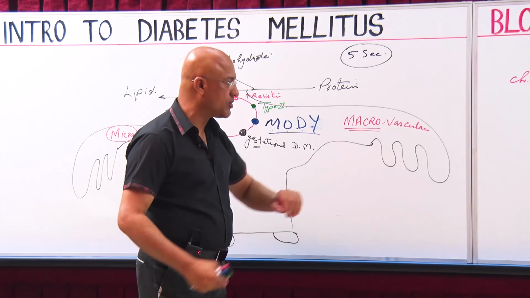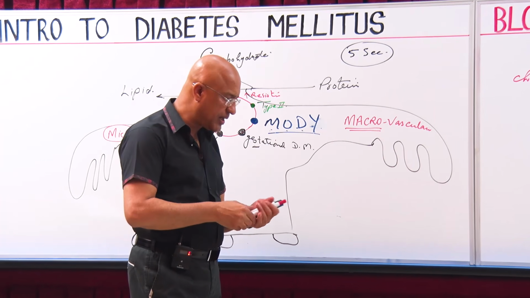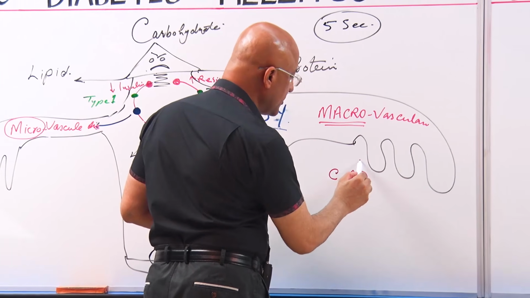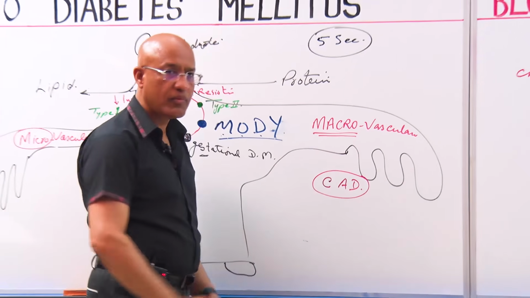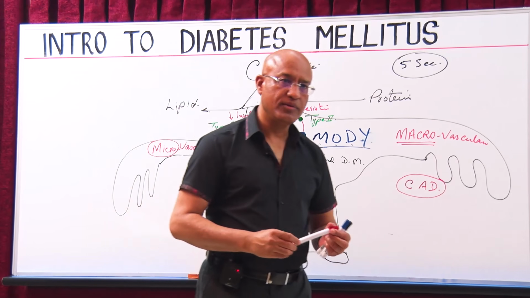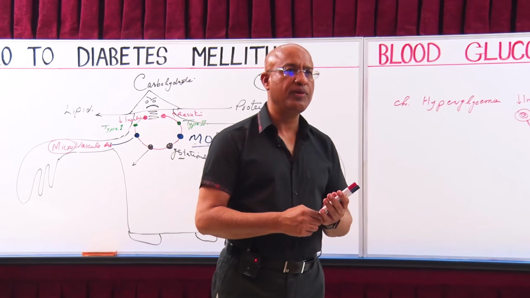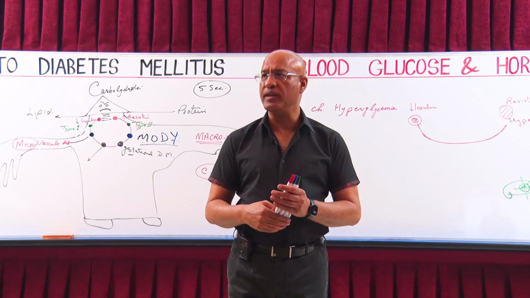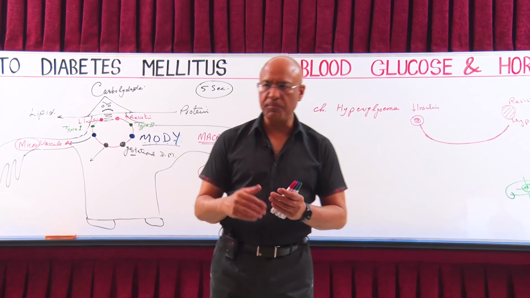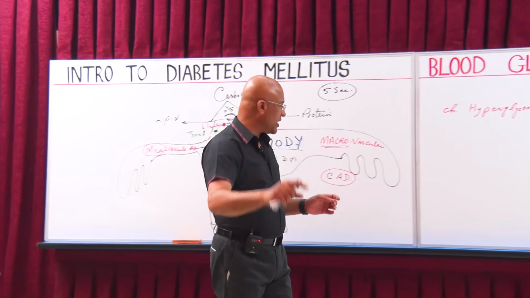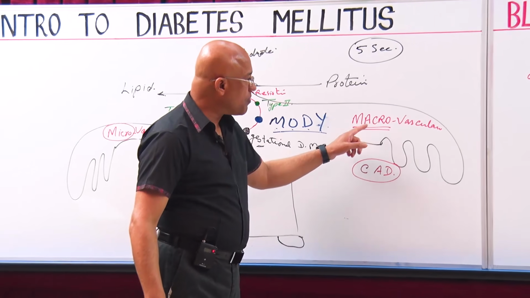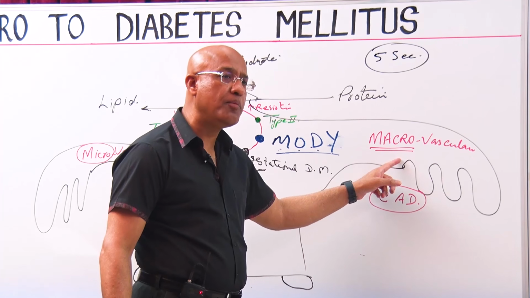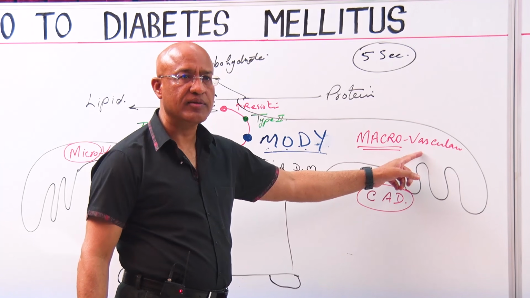Now, what are the complications it produces? Number one is coronary artery disease. Let's suppose I talk about atherosclerosis in coronary artery disease, right? Now, what really happens? You must know that this macrovascular disease is not specific and limited to diabetes mellitus.